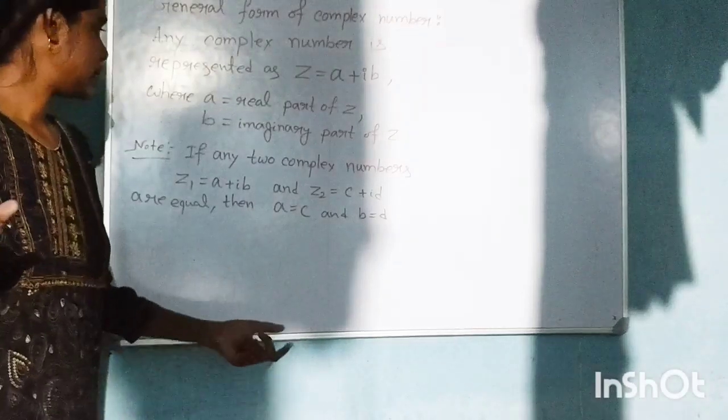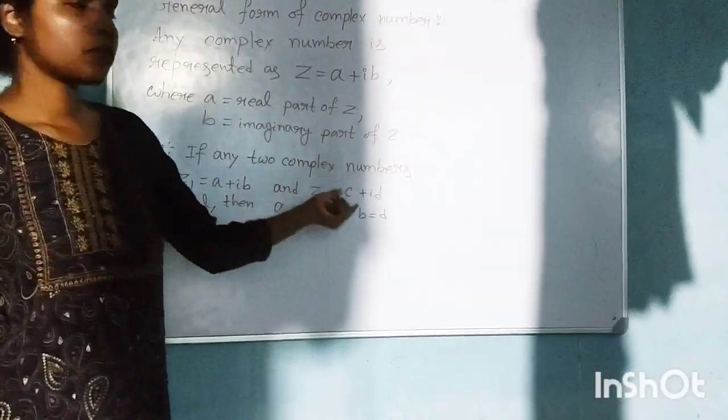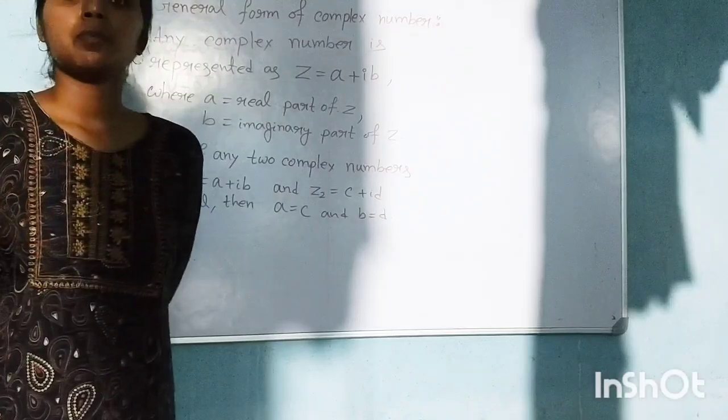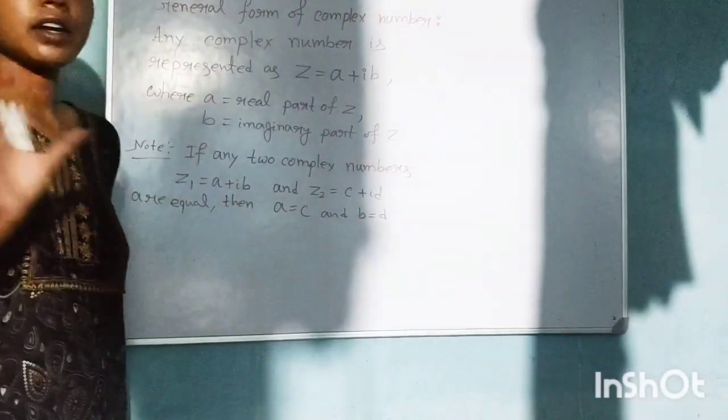So that means the real part should be the same and the imaginary part should be the same if they are equal complex numbers. Otherwise they cannot be equal.